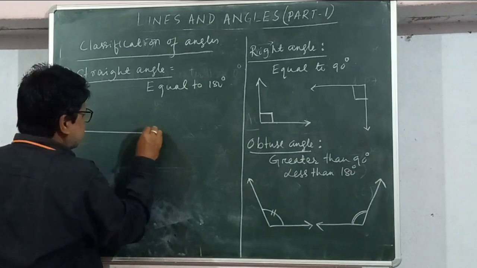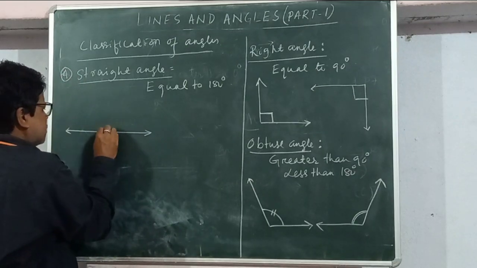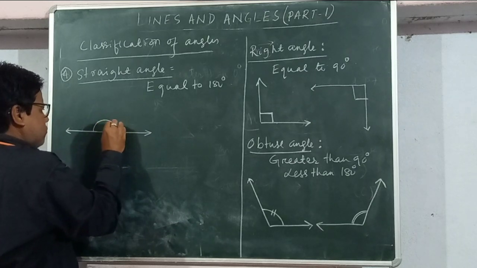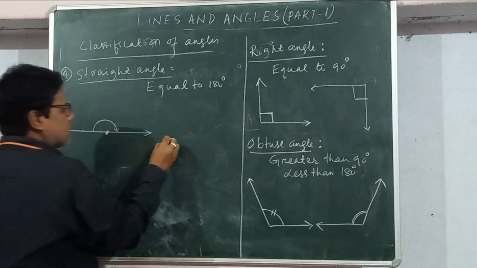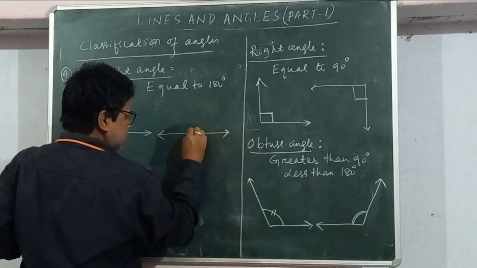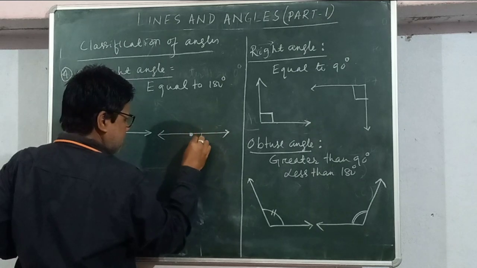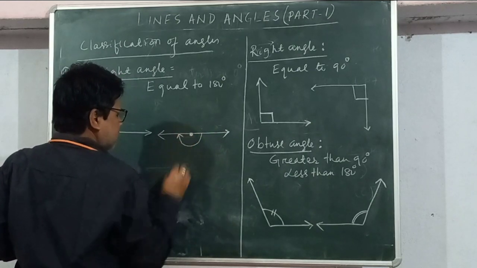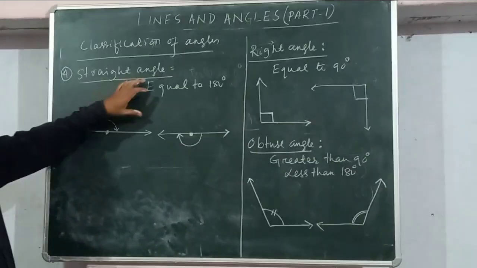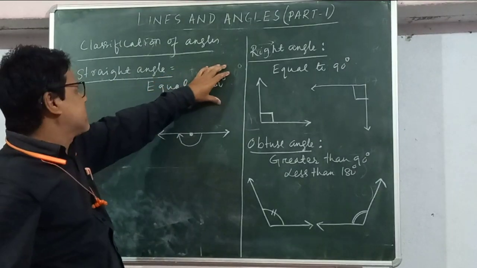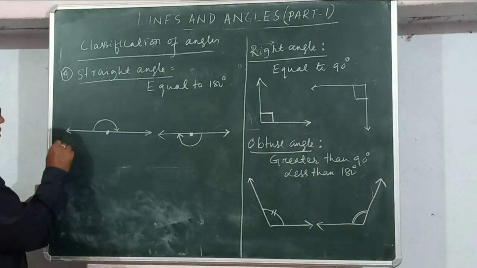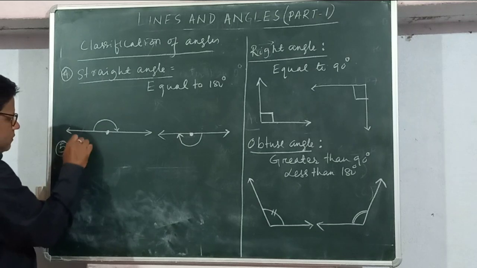The figure of straight angle is like this. Suppose this is a point and this is a point. These are 180 degree. If the measure of an angle is equal to 180 degree, then it is called a straight angle.